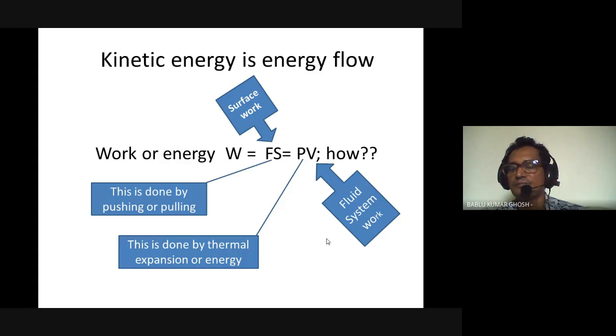Electrical work is what? So electrical power is what? Electrical power is electrical potential and the current flow. And you know current flow is nothing but charge flow per unit time.